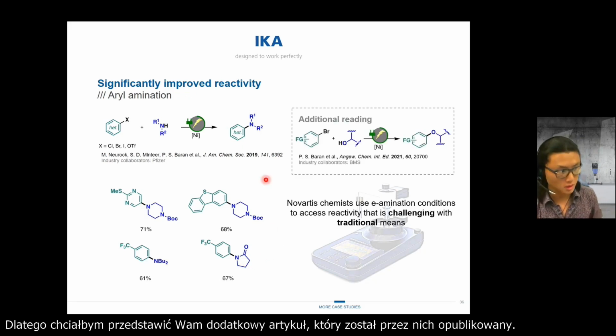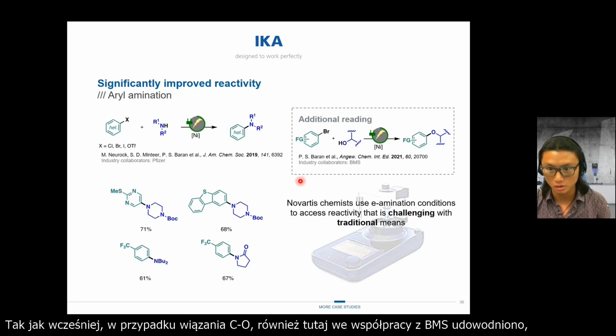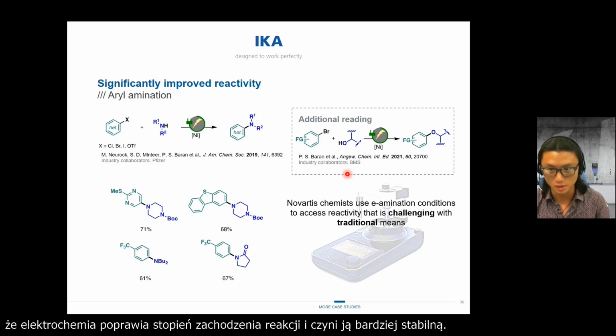Here, I want to give you some additional recommendations for reading. Very similarly, for C-O bond formation, this paper was collaborated with BMS. With electrochemistry, you are also able to increase the reaction scope and also increase the reaction stability.